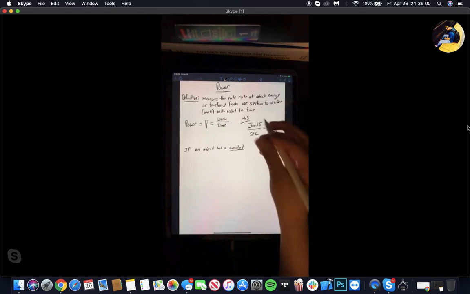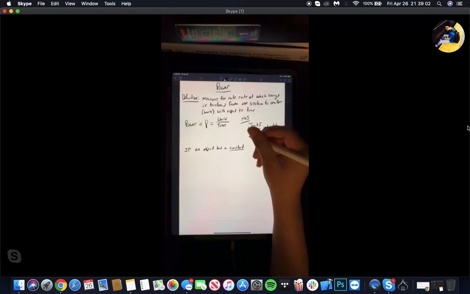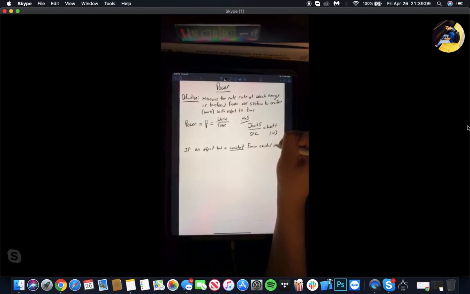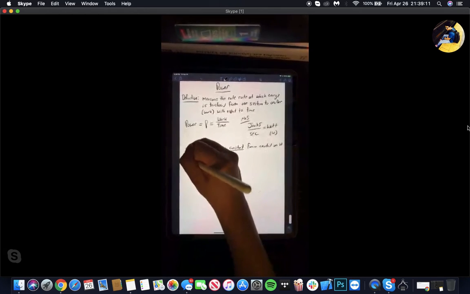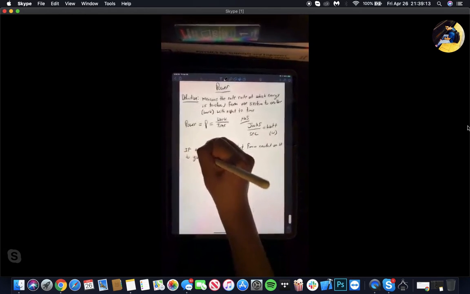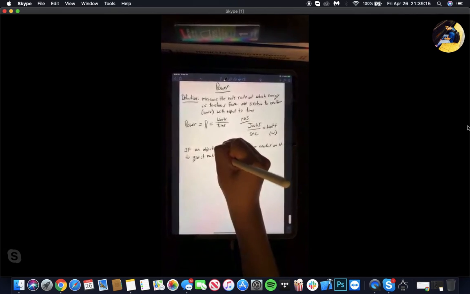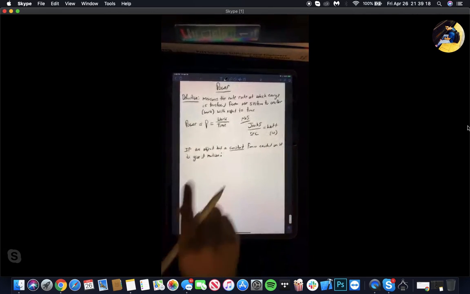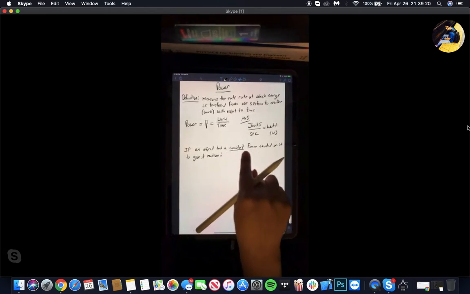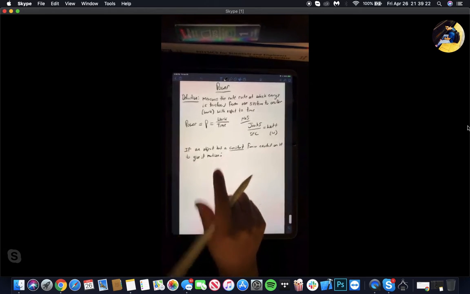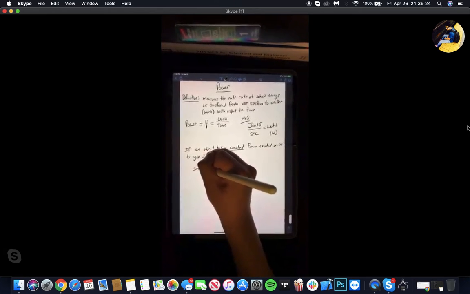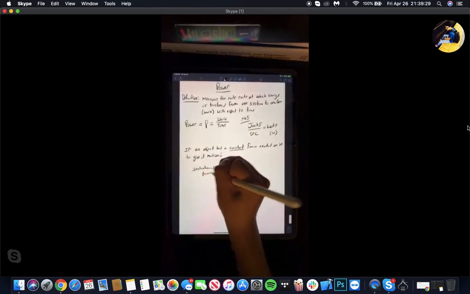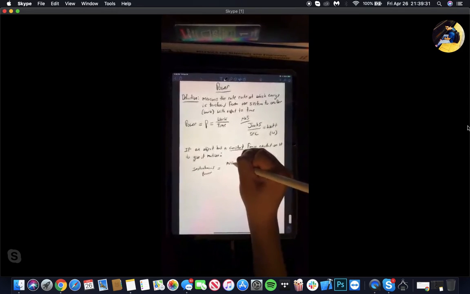But here, if an object has a constant applied force exerted on it to give it motion, the instantaneous power equals the average power.